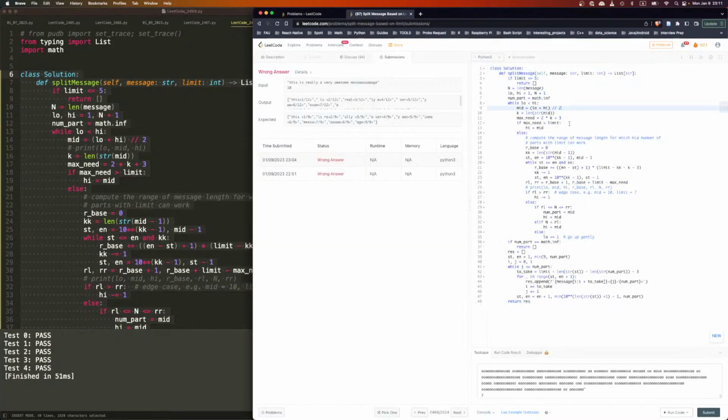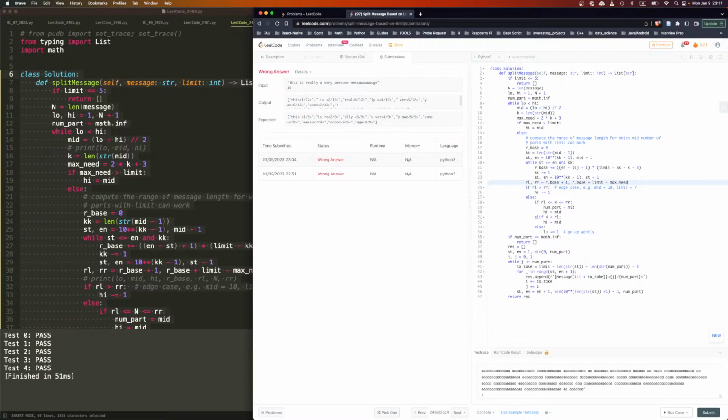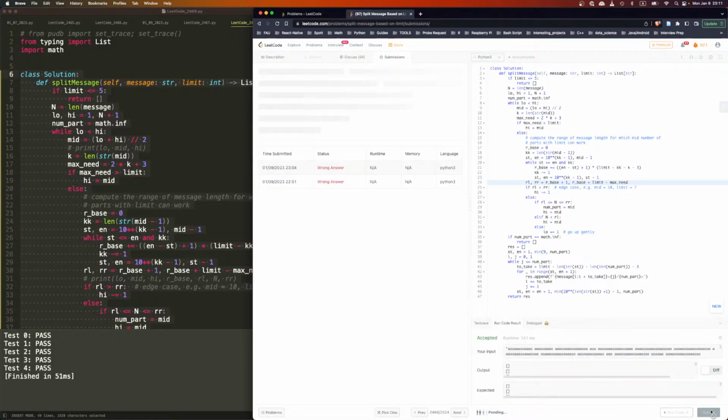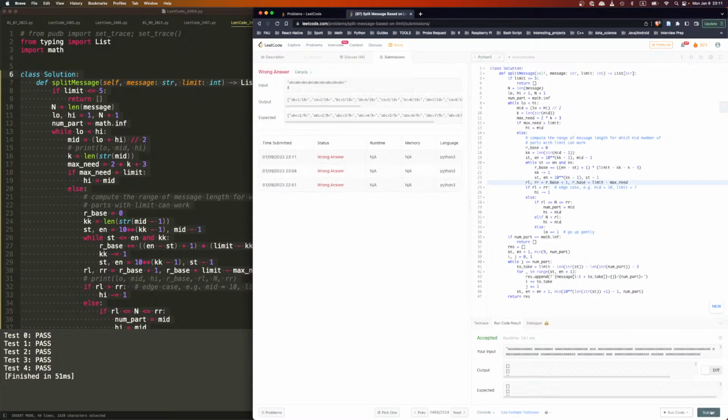I pray this one has a better solution. This is bonkers. My God.